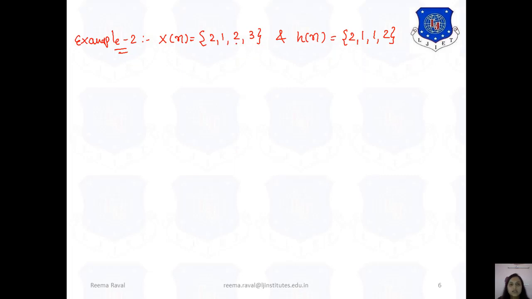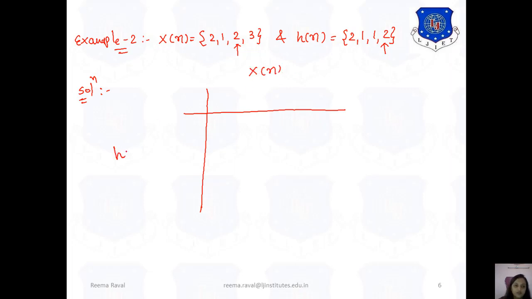Now in this case, let us consider the arrows at different positions so that we can obtain the output and we can indicate the arrow function. In this, we are going to put the values of x of n horizontally and h of n vertically. Okay, so x of n is 2, 1, 2, 3 and h of n is 2, 1, 1 and 2, right?